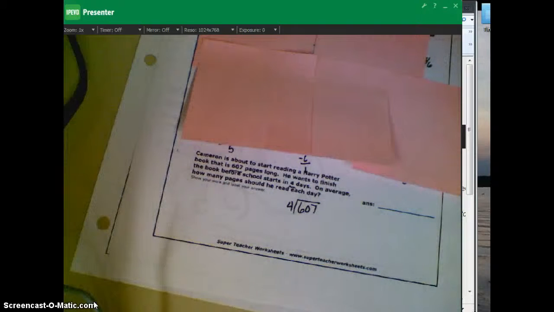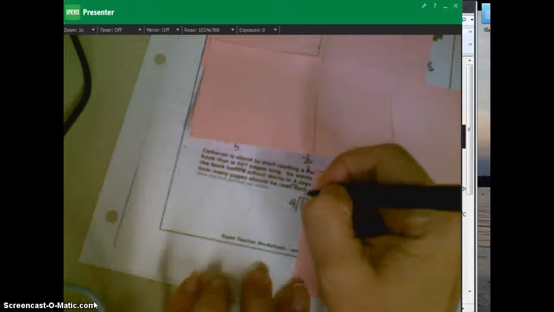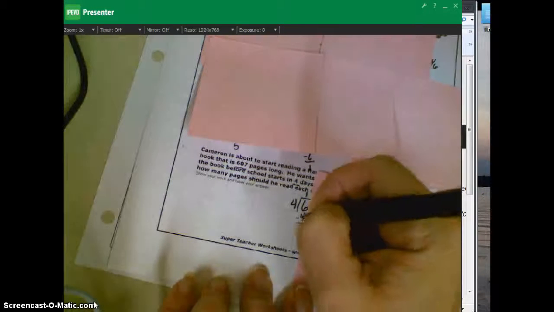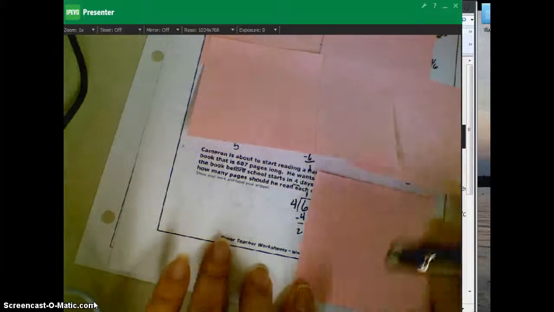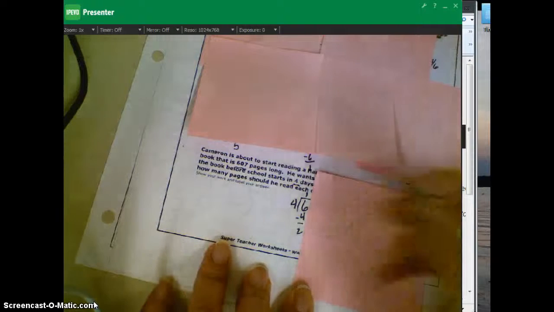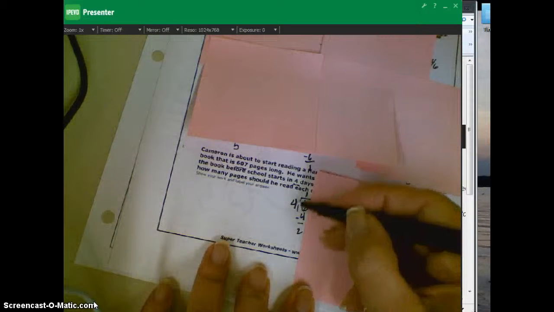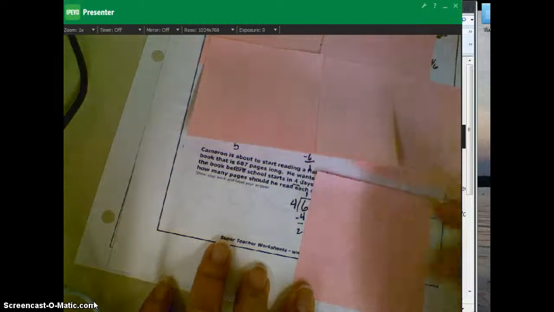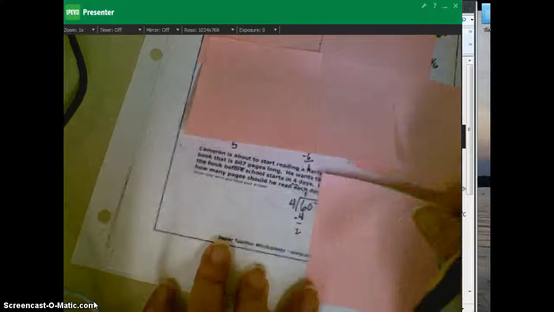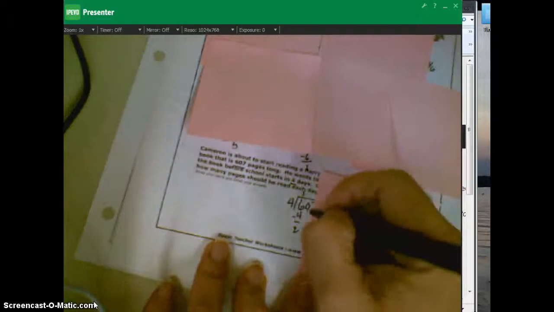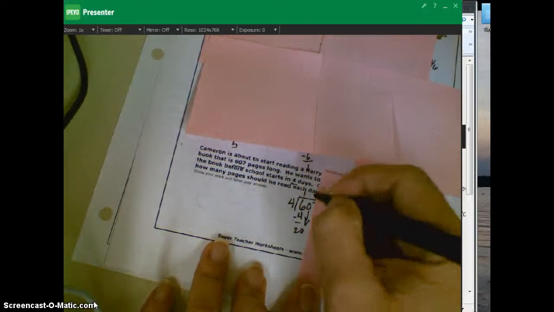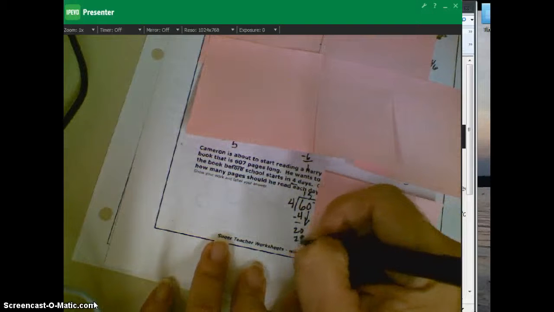4 into 6, if we're using our sticky notes here, can go 1 time. 1 times 4 is 4, subtract, and you get a remainder of 2. If it's smaller than your divisor, go on. If ever this is bigger than your divisor, it means you needed to start with a larger number. So you needed to go back and fix something. Bring down your 0. 4 times 5 is 20 exactly.